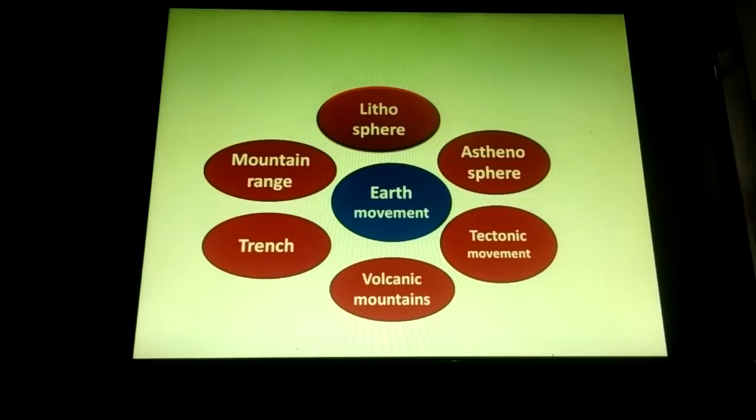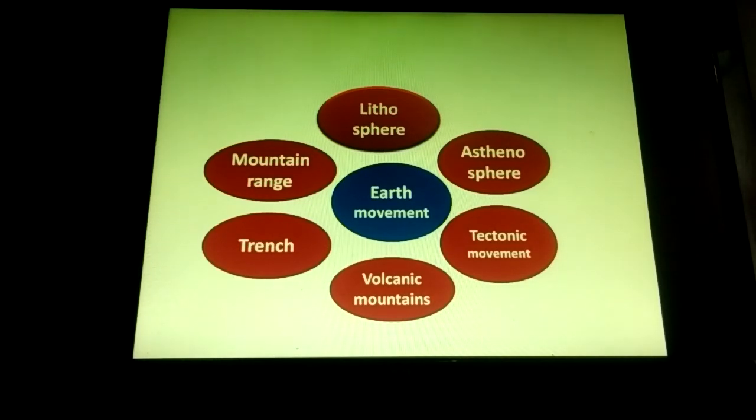Now, we already know about the spheres of the earth. How many spheres are there? Students, you have already learned about the spheres of the earth in class 6. There are 4 spheres: lithosphere, hydrosphere, atmosphere and biosphere.